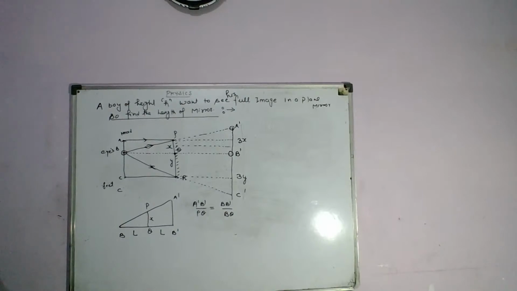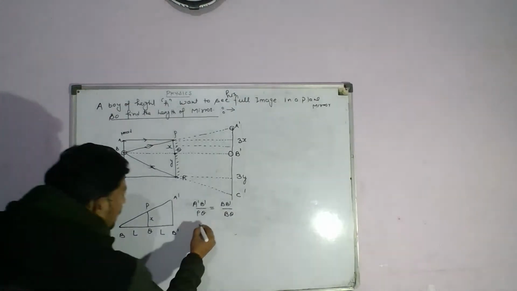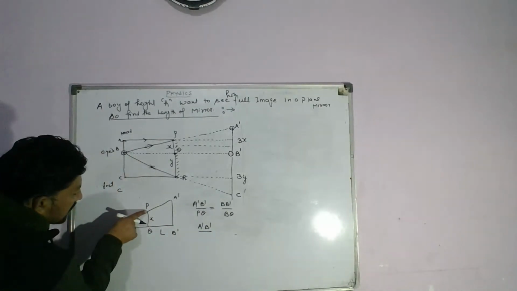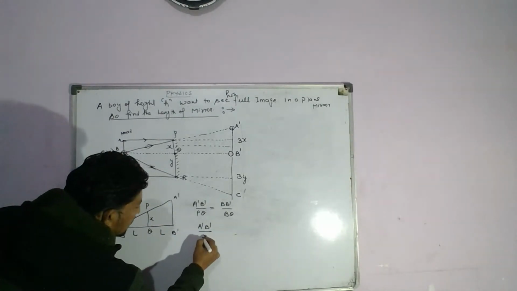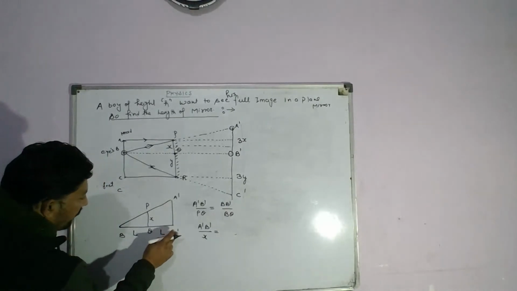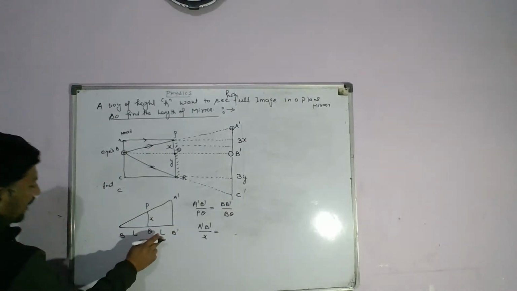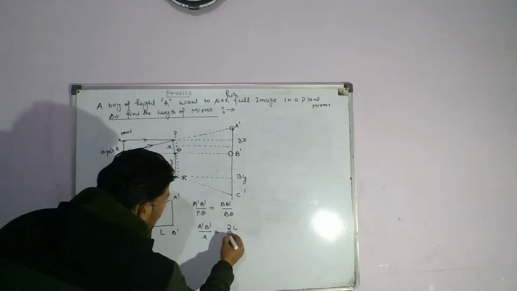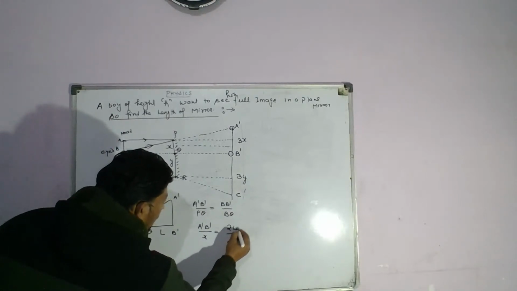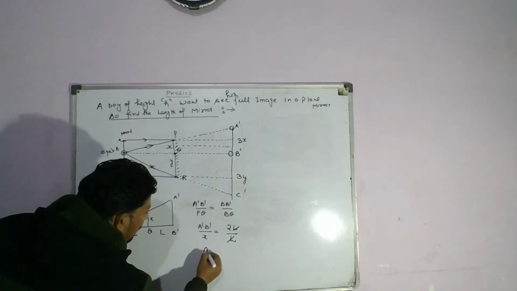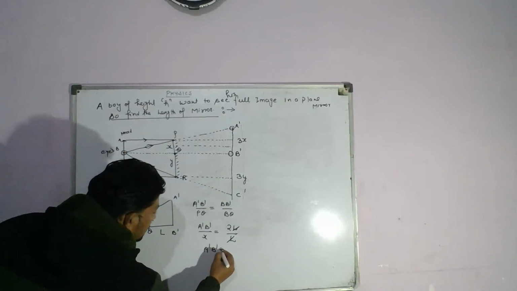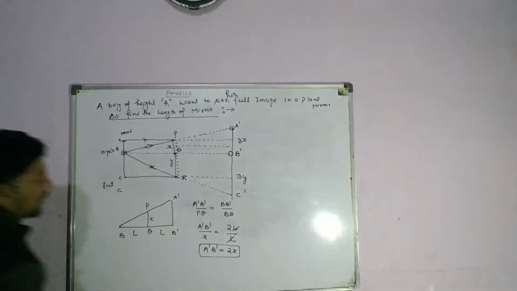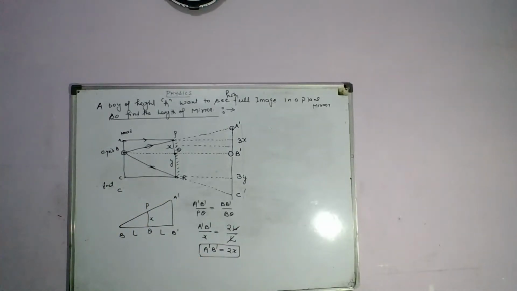So A dash B dash upon PQ, which is X, is equal to BB dash, which is L, upon BQ, which is L. L cancels out, then A dash B dash is equal to 2X.